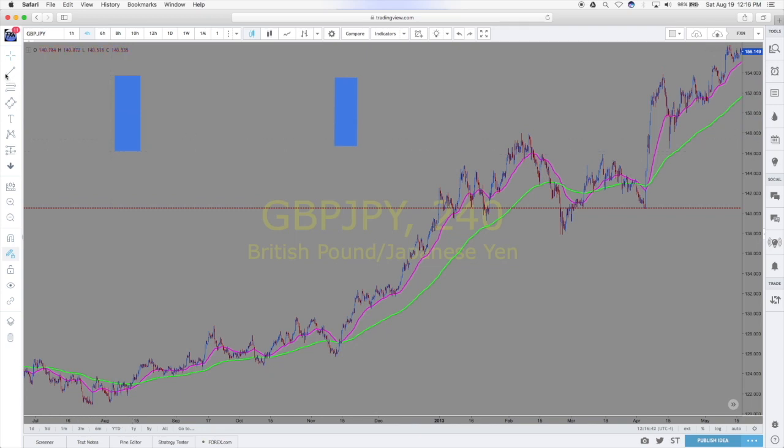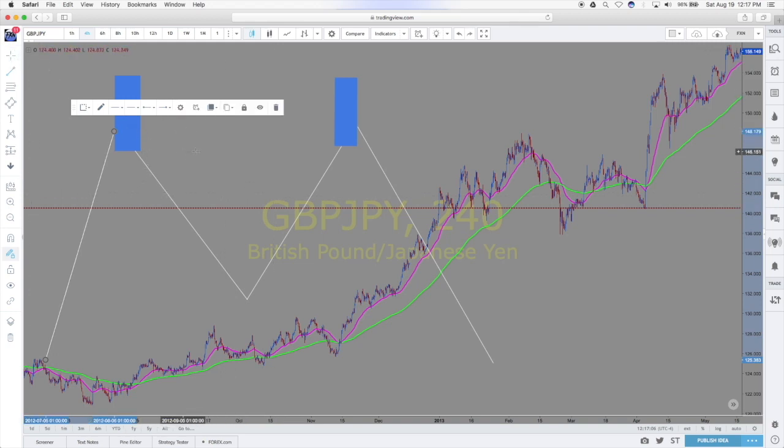And of course we have the price that moved down and back up, so we're creating the M's here. You follow me? Cool. So let's say these two candles are the two major candles.